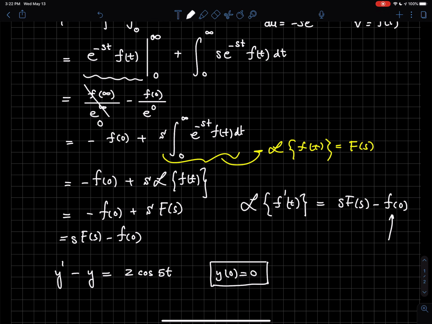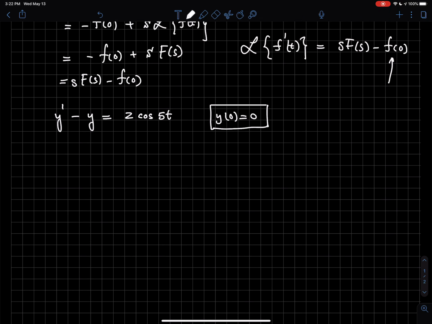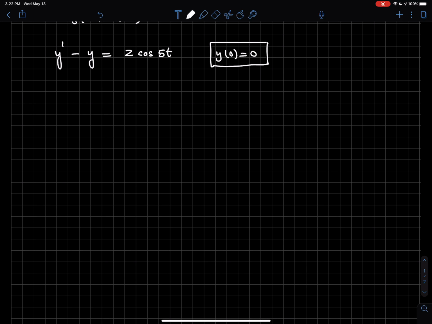So you need the value of the function whose derivative you're finding the Laplace transform of, to have its value defined at the initial condition 0. If you didn't have f of 0, you couldn't have figured out the Laplace transform. So you must be given the initial condition. So it has to be an initial value problem. All right, so we have been given the initial condition.